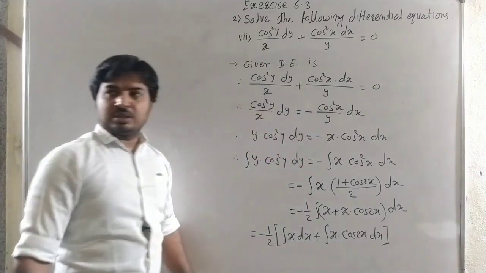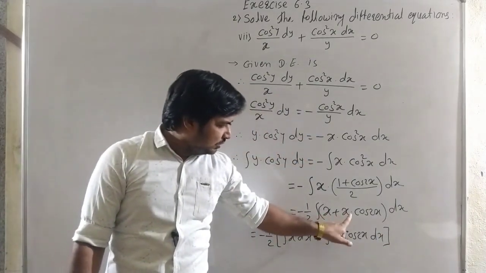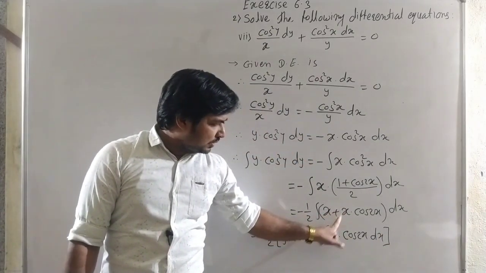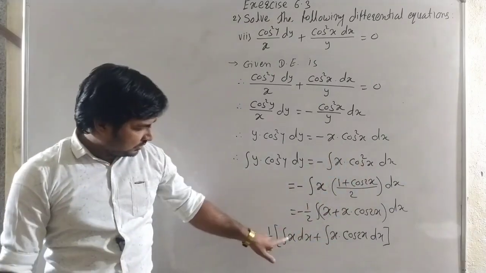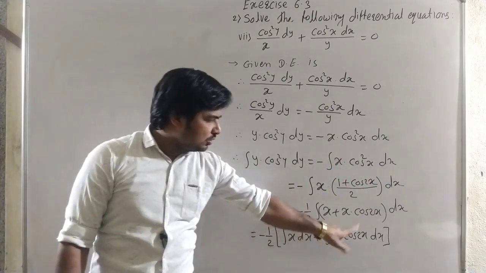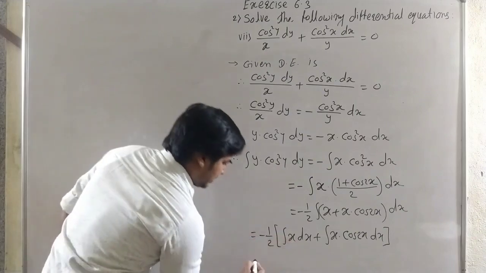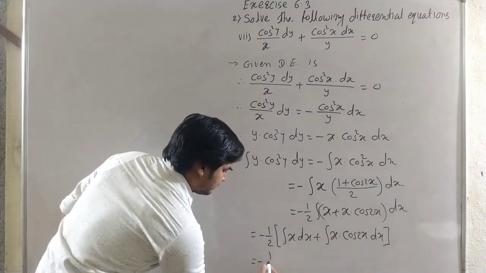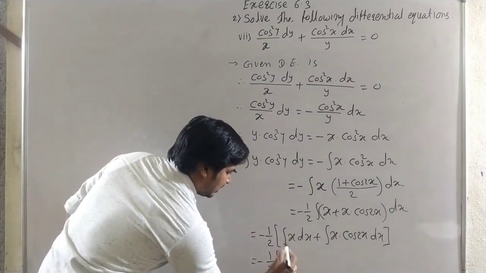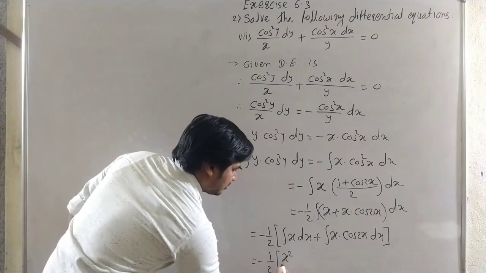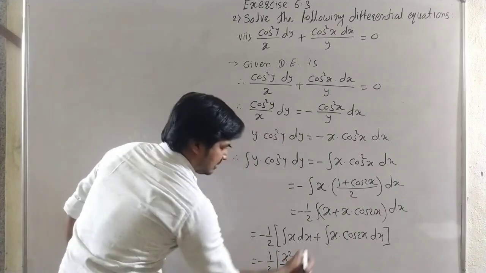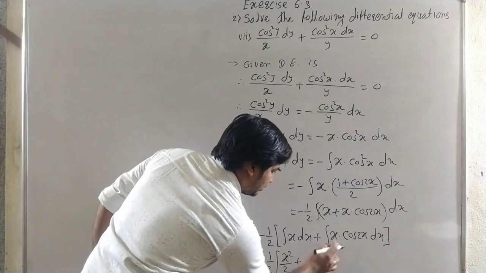Here we separate x plus x into cos 2x. It is x and it is x into cos 2x. Here the integral of x we can directly write. It is minus 1 by 2 into x square by 2, plus the integral of this term.